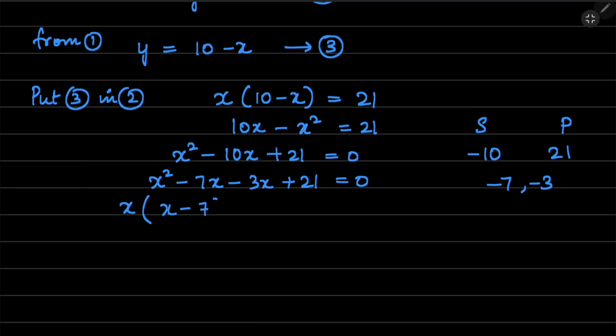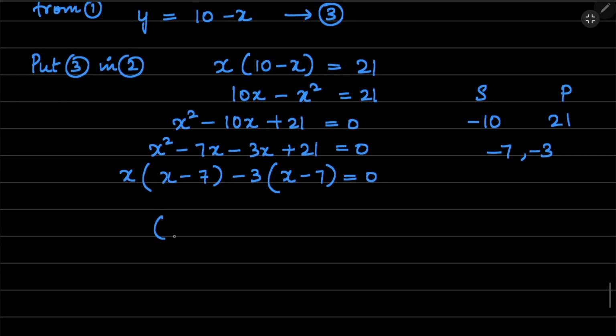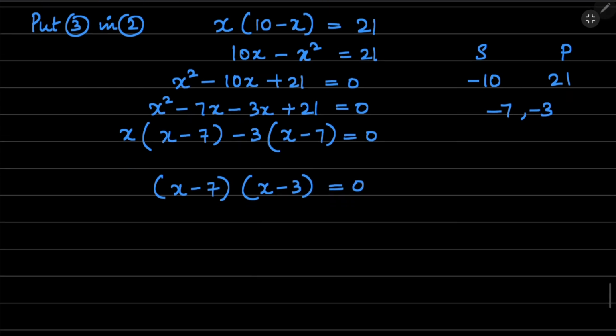So you have x minus 7, minus 3 common, x minus 7 equal to 0. So the common factor is x minus 7 and the other factor is x minus 3 equal to 0. So either x minus 7 equal to 0 or x minus 3 equal to 0. So x is equal to 7 or x is equal to 3.